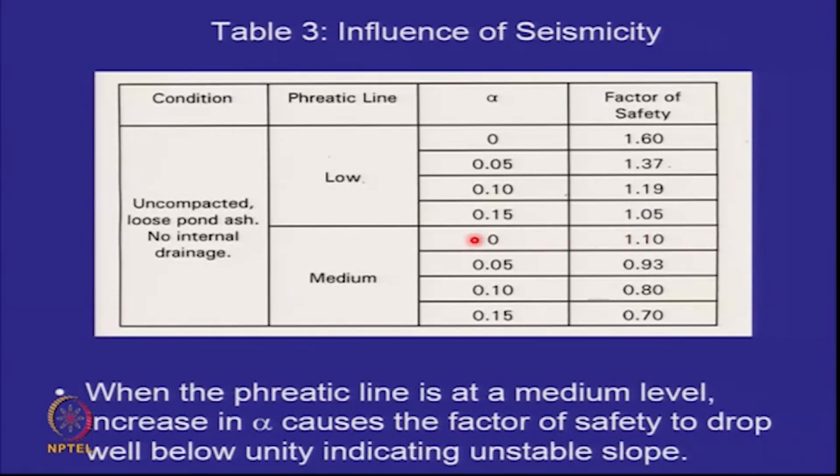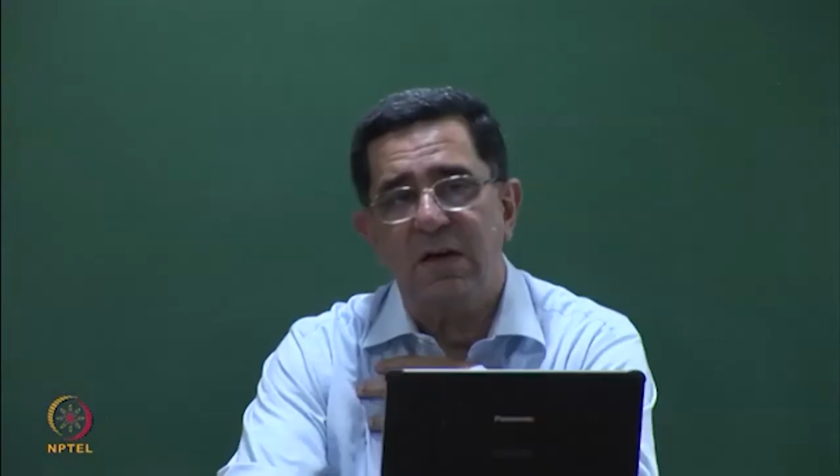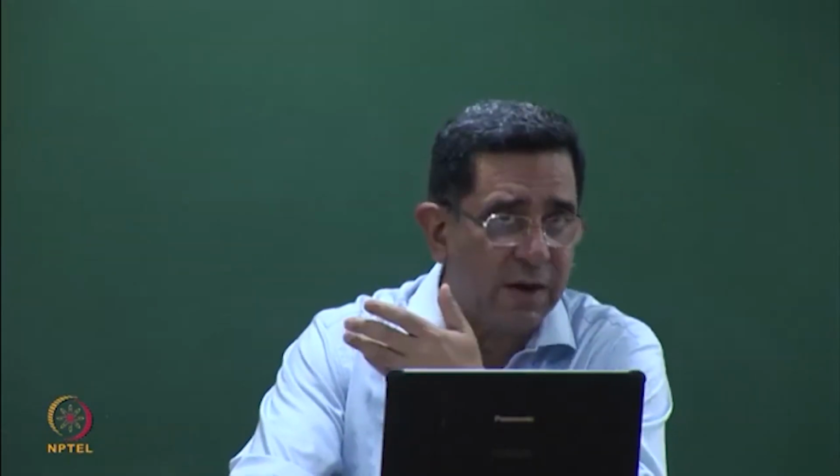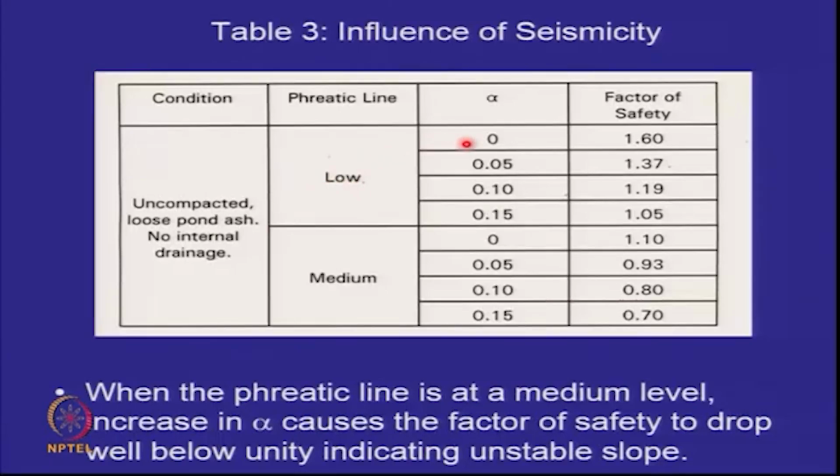If I now add seismicity to it, do remember that the acceptable factor of safety for a static case is 1.5, and the acceptable factor of safety under earthquakes is 1.05 or above. So I remember that for a low phreatic line, no earthquake, I had 1.6. And as I increase my alpha values, the factor of safety falls. At 0.15 g, which is pretty high, you get a factor of safety of 1.05.